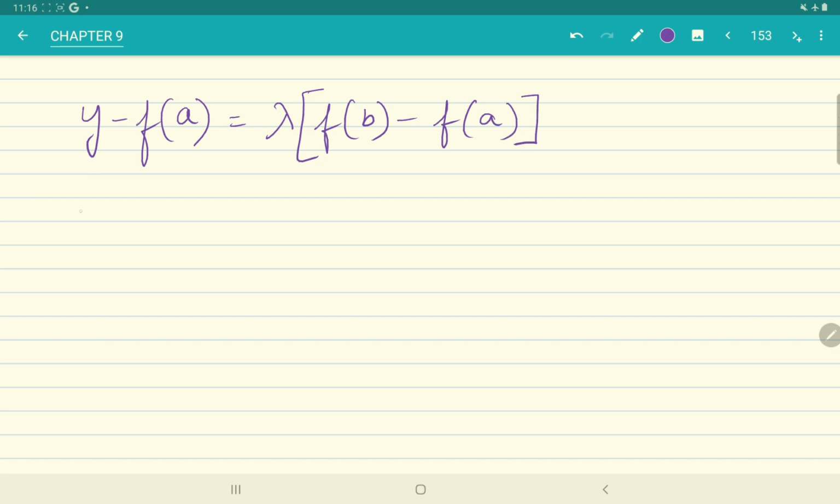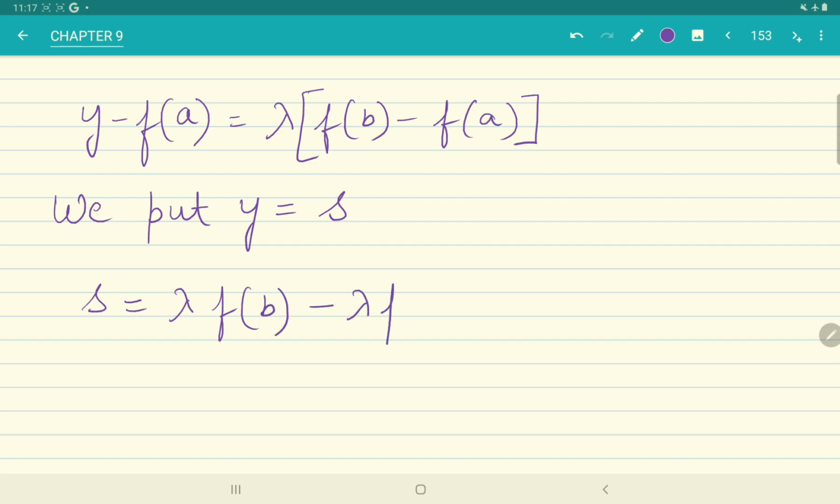Now let's put y as s, so s is equal to lambda f of b minus lambda f of a plus f of a.